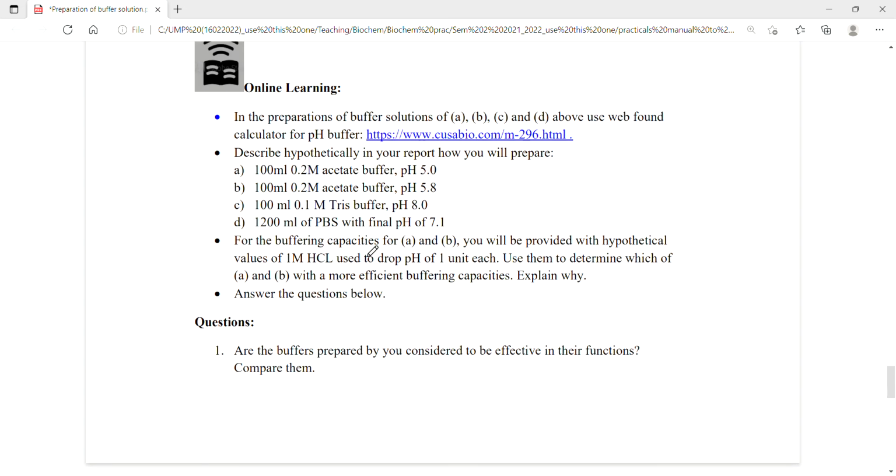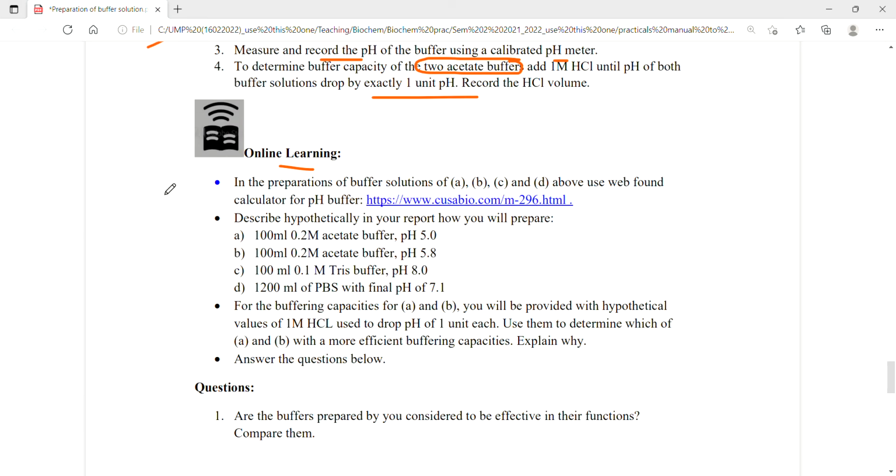So let's look at the online learning now, since you can't be in the lab. Prepare buffer solutions A, B, C, D. As I said, go to Kusabio, the best one. Describe hypothetically in your report how you will prepare all of these after you go through the Kusabio website.